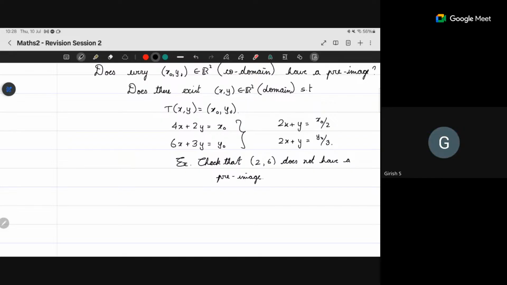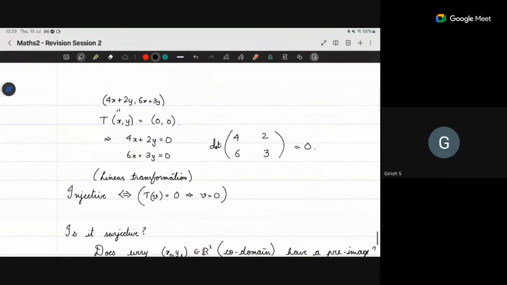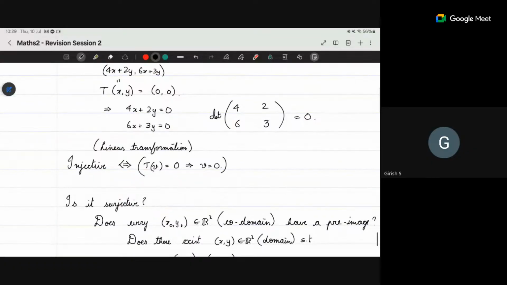Sir, since in this case the mapping is between R2 to R2, can we conclude when it is not injective, it is not surjective, right? Yes, that you can conclude, but rank nullity for transformations is not a part of the syllabus, so I don't want to use that. But you have already done week 6 now. If you know that, then it is easy to conclude, because here the kernel being non-trivial means the kernel is at least dimension 1.